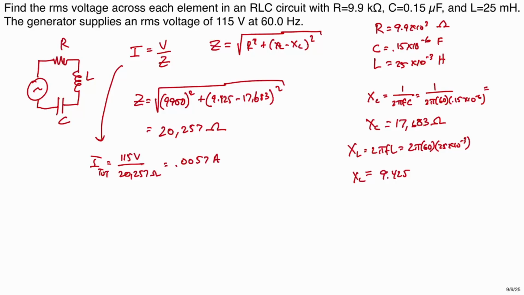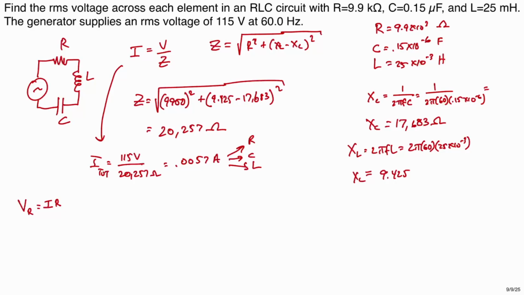Okay, so we did what we did in the two example problems we had before. We found the total current in the circuit. Now we need to know the voltage in each individual piece of the circuit. And because it's in series, this current has to be the current in the resistor, the capacitor, and the inductor. So, to find the voltage across the resistor, I'm going to use I times the resistance of the resistor.